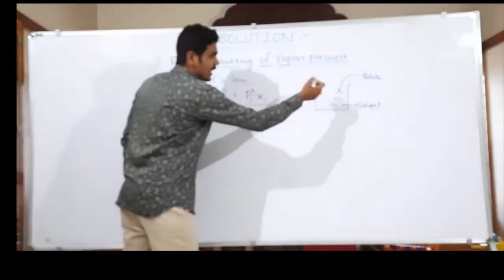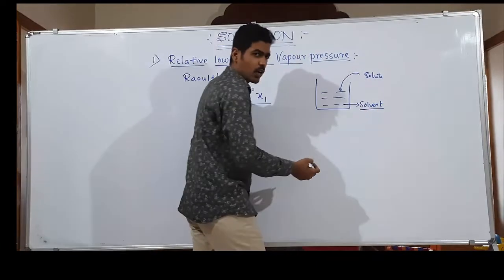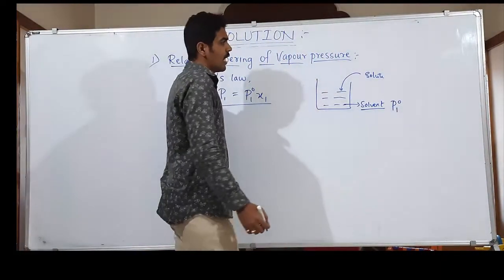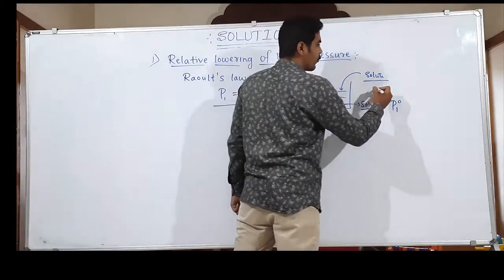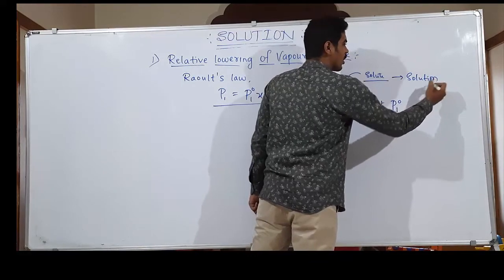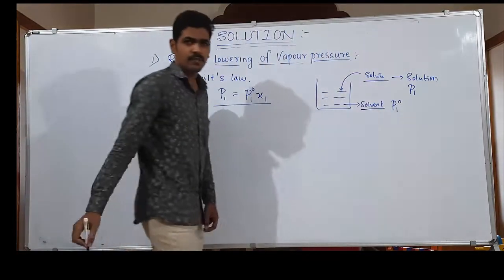Now, suppose the initial pure solvent has a vapor pressure P1 naught, and after addition of the solute, it forms a solution, and the vapor pressure becomes P1.